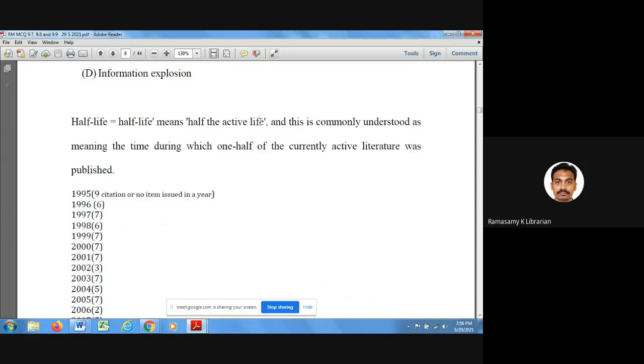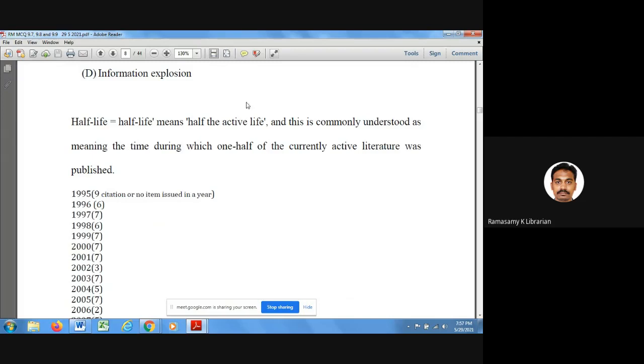See, what is the active life of a particular research paper or a book or a library resource? If you take a library resource, we talk in terms of how many people are using it. If you take a research paper, we talk about how many citations are received by that particular paper. Based on the usage, based on the citations, we decide the half-life of a particular field or particular journal article.